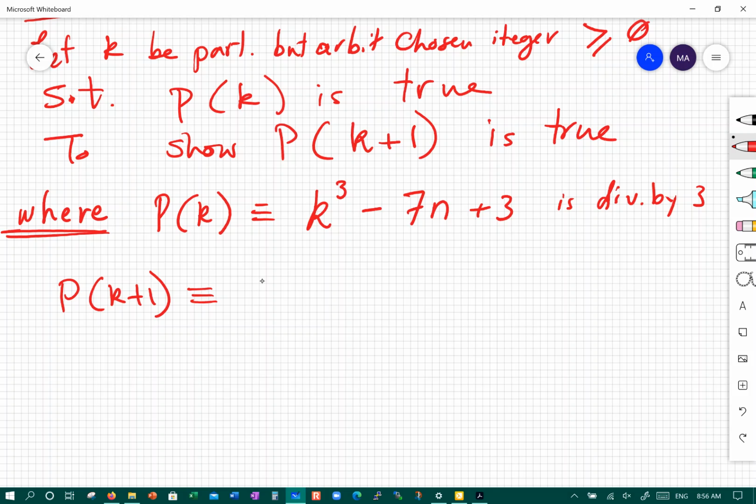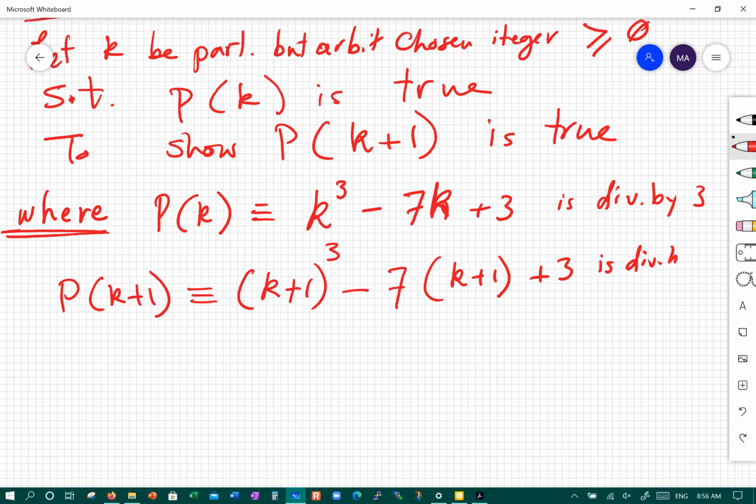So P of k plus 1 means that (k plus 1) cubed, I replaced n with k plus 1, minus 7 times (k plus 1) plus 3 is divisible by 3. Sorry, here I said n, this should have been k. I have not proven anything yet.